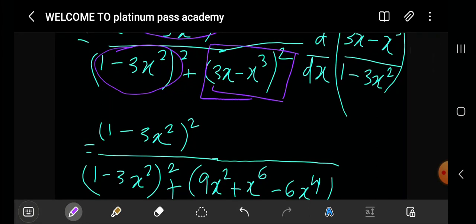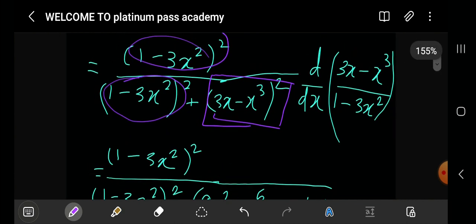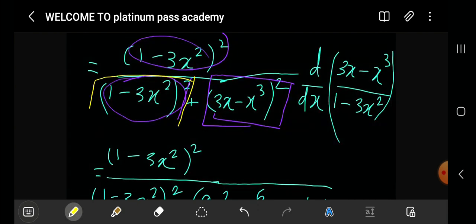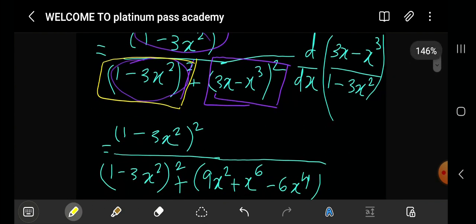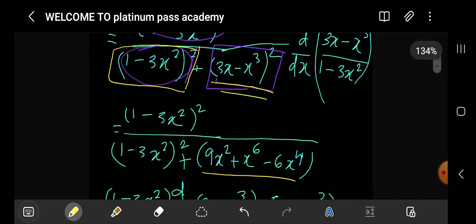Then I have to solve this also, this x squared thing. I have to simplify that. So firstly I have simplified this one.